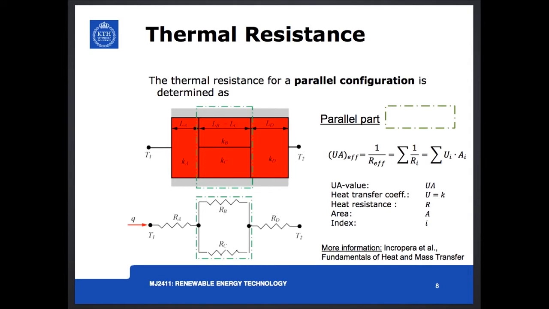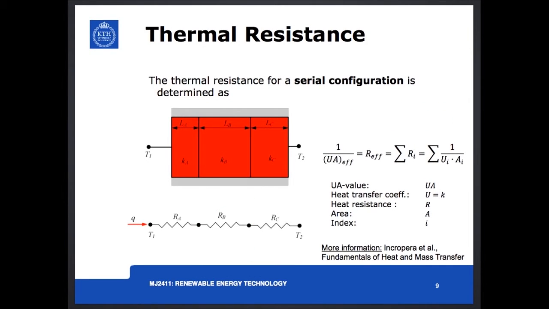For a parallel configuration, the effective UA value can be calculated simply as the sum of the individual heat resistances, U_i, or also k, the heat transfer coefficient, times the effective heat transfer area, A_i. For a serial configuration, the effective UA value is calculated with the equation shown here, very similar again to the calculation of the serial resistance in an electrical circuit.